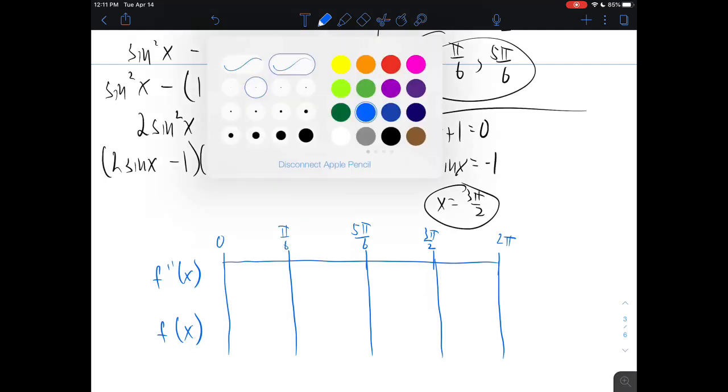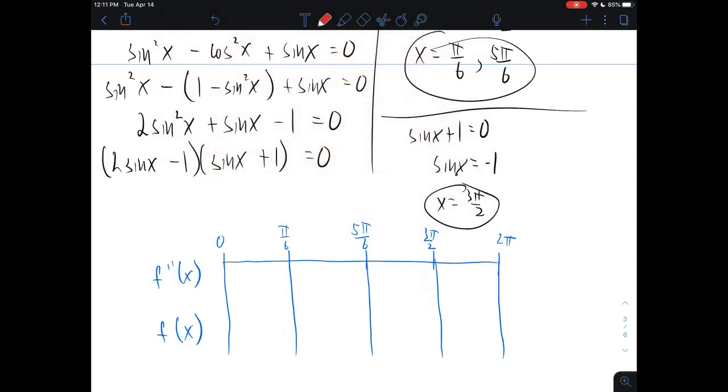For some test points that you can use, the first interval is a little bit tricky because you have 0 to pi over 6 or 0 to 30 degrees. So you can just choose something that's less than that. I don't know, pi over 12, which would be 15 degrees. And then between pi over 6 and 5 pi over 6, just think what's splitting up quadrant 1 and quadrant 2. pi over 2 is a really easy one to use.